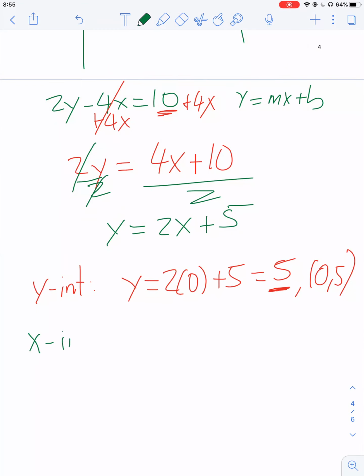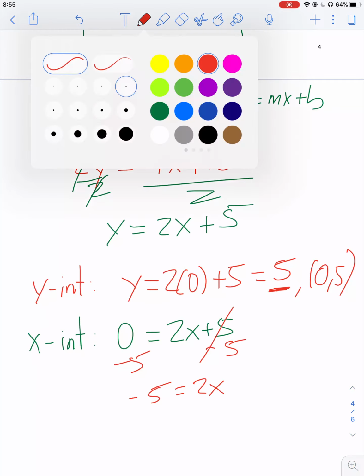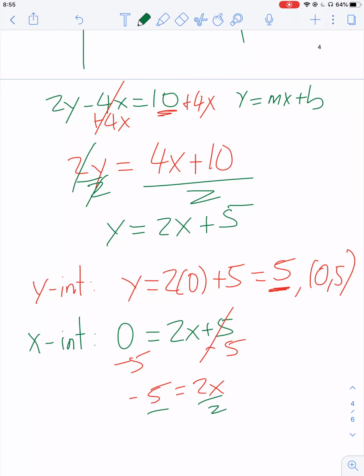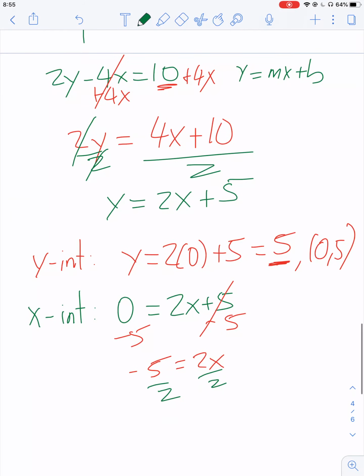The x-intercept means that your y value has to be 0, so I'm going to replace this by 0. And then you get 0 equals 2x plus 5, and all you have to do is solve for x. So let's do minus 5, minus 5. This cancels out. So this becomes minus 5 is equal to 2x, and then you have to divide this by 2. Divide this by 2. This one is slightly different.